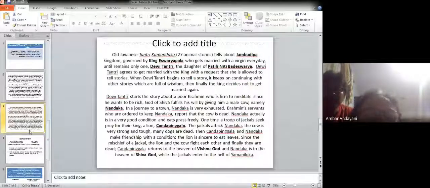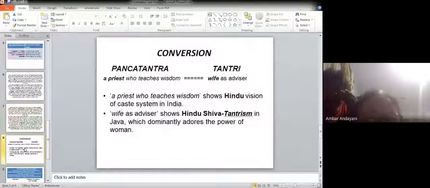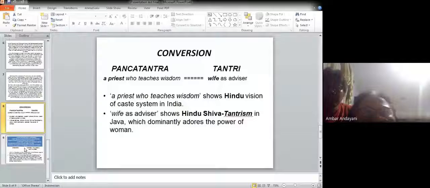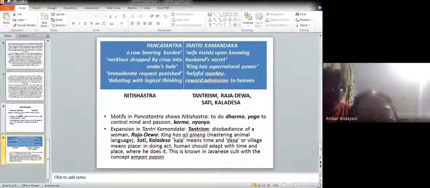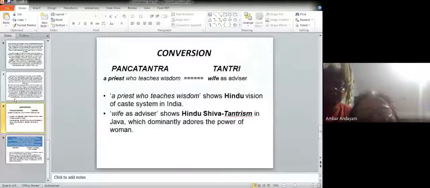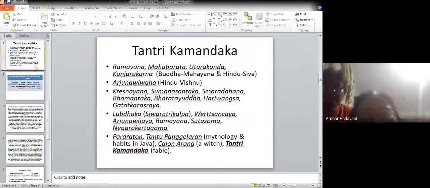These include the Ramayana, Mahabharata, Arjuna Vivaha, Arjuna Wijaya, Lukdaka, Uttarakanda, Kunjarakarna, and Calon Arang, and Tantu Panggelaran, which talks about mythology and habits in Java. And then comes Tantrika Mandaka.